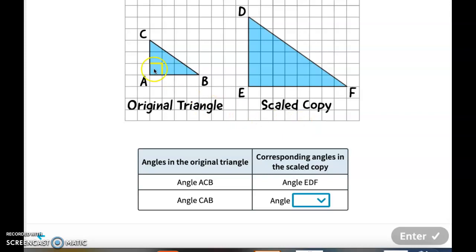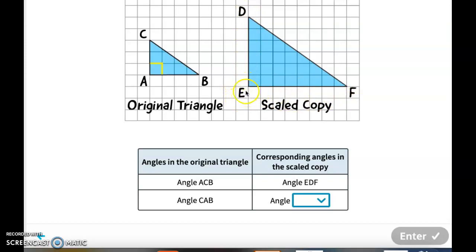So if I want to find the corresponding angle right here, I need to identify the 3 dots starting at D, E, F, so that I mean this one. I could also use F, E, D, because the other way would be fine.